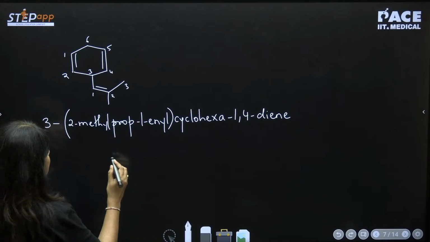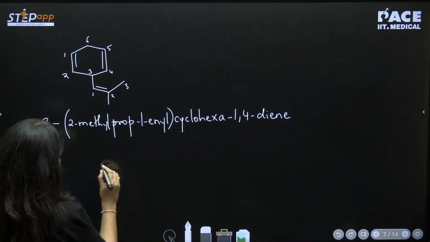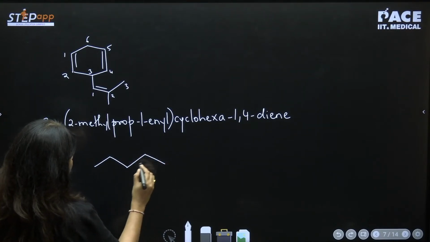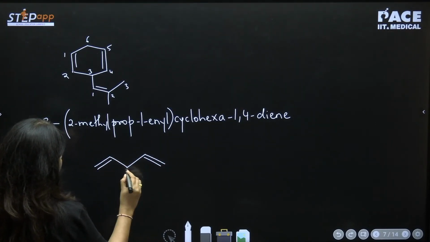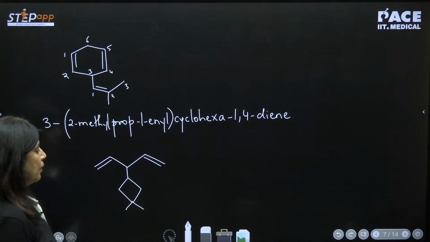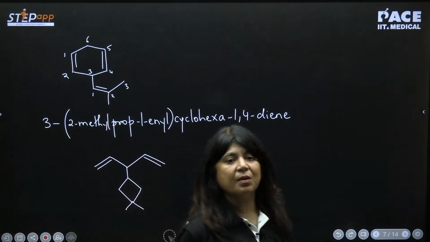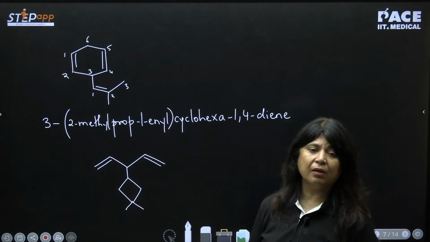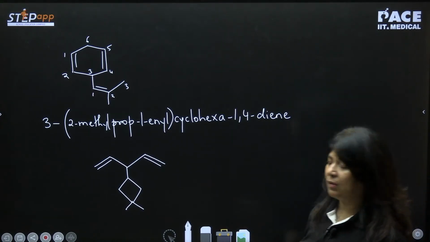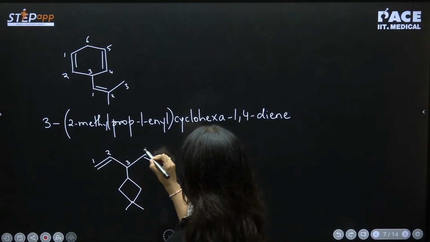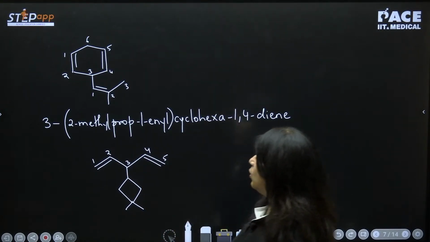I'll take one more structure. Let's see the name of this compound. Parent is of course going to be the open chain because it has two double bonds. So numbering you could do from any side because it's a symmetrical molecule.